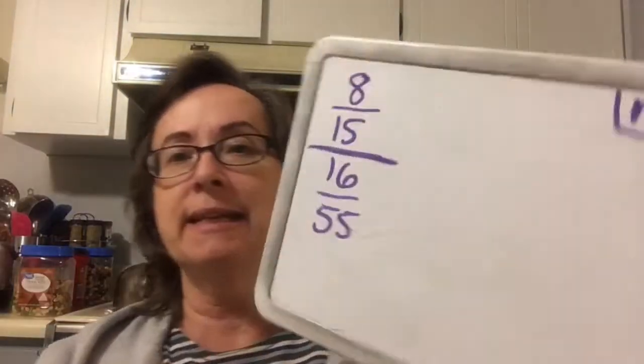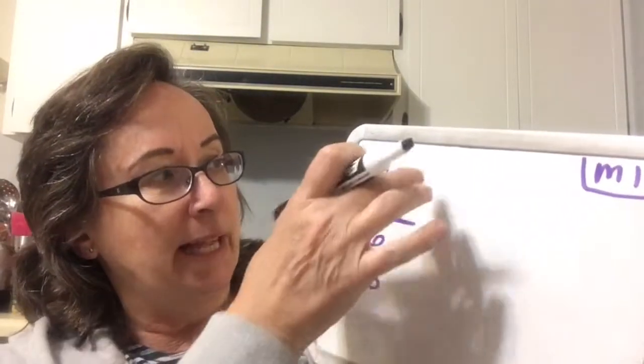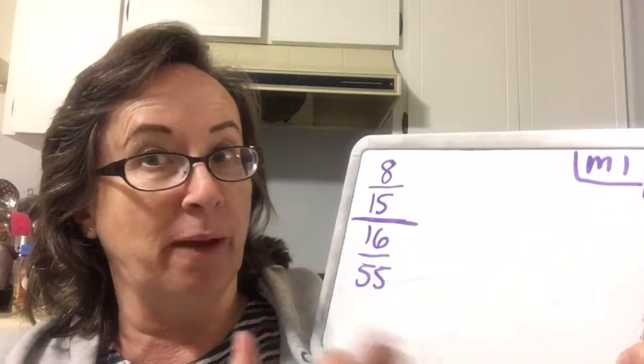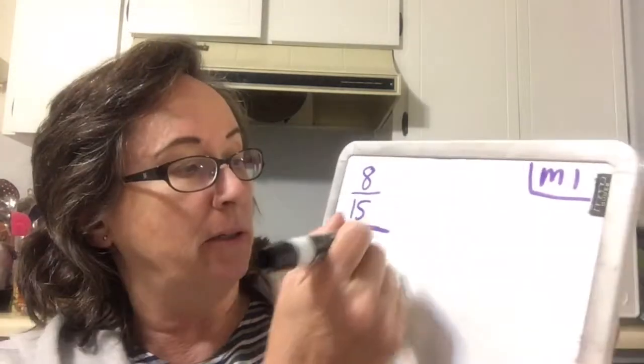So this is just an example of method 1, where we recognize a fraction over a fraction, and so division by a fraction is the same thing as multiplication by its reciprocal.